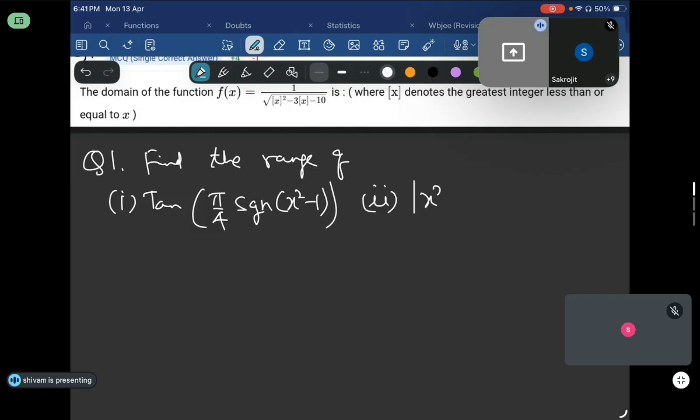Number two, mod of x square minus x minus 6. Solve. Quickly solve, everyone. Once you've done it, send your answers.